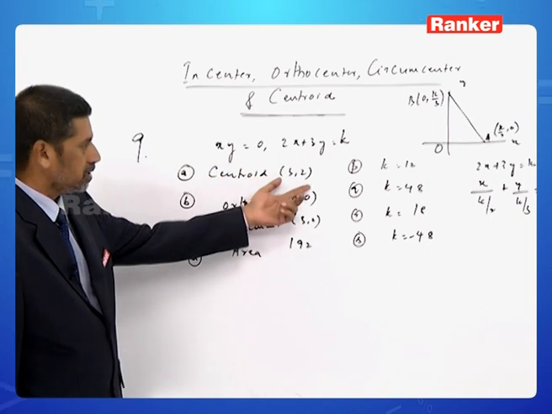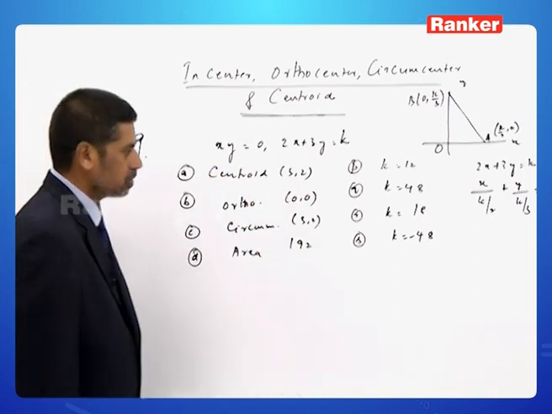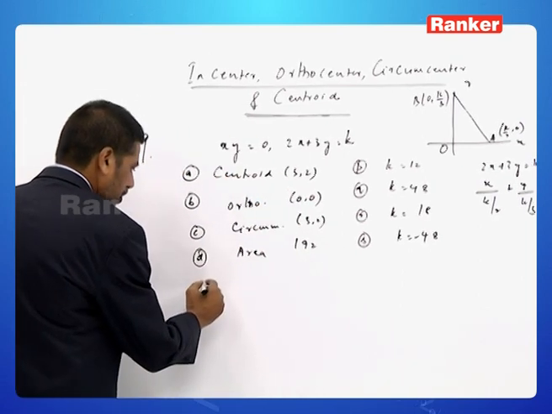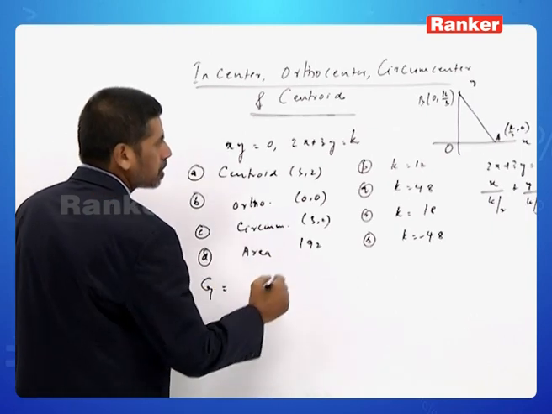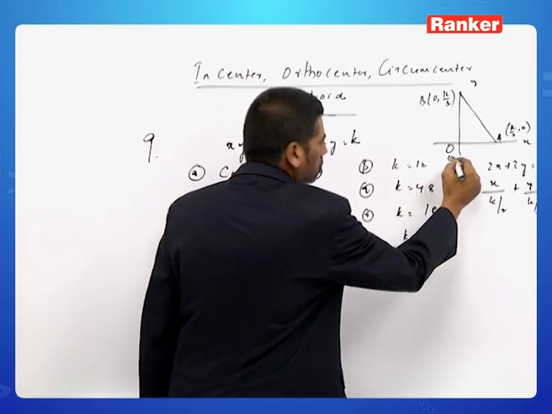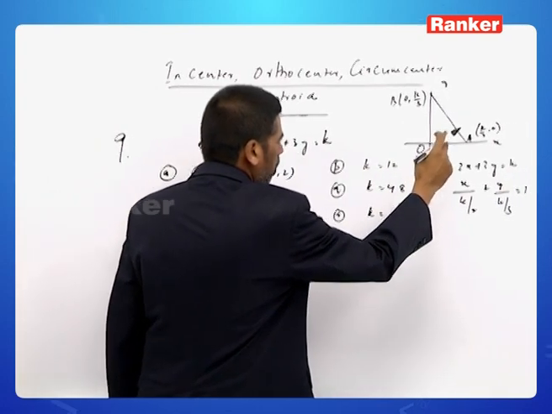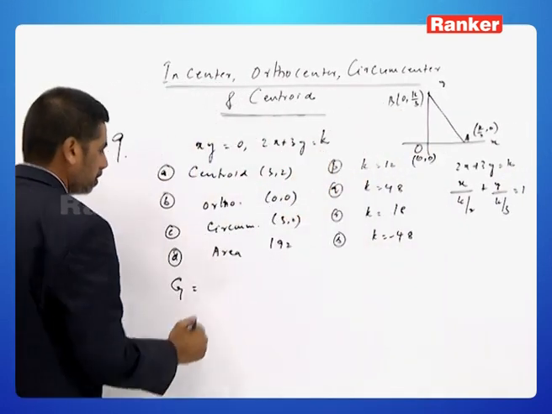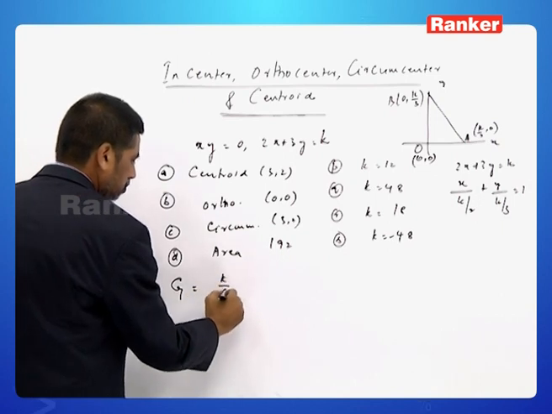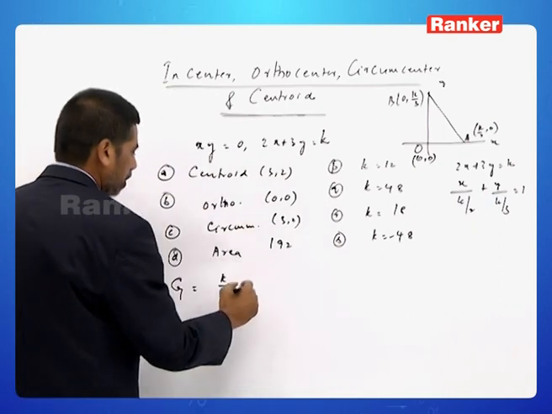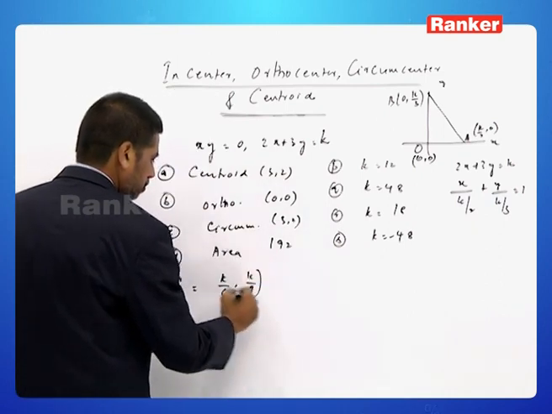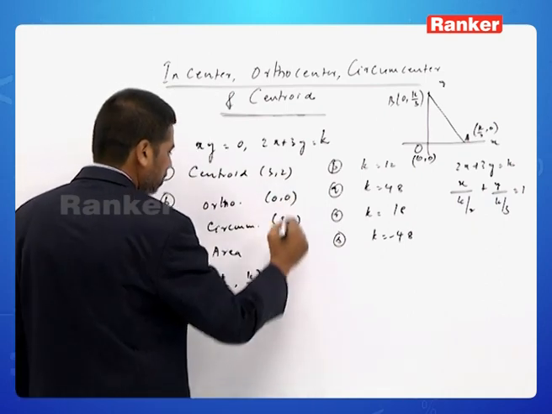Centroid is at 3, 2. That's what he says. So let's do the calculation. Centroid is (x1 plus x2 plus x3) by 3. So you will get k by 6, comma, k by 9, and that's given to be 3, 2.